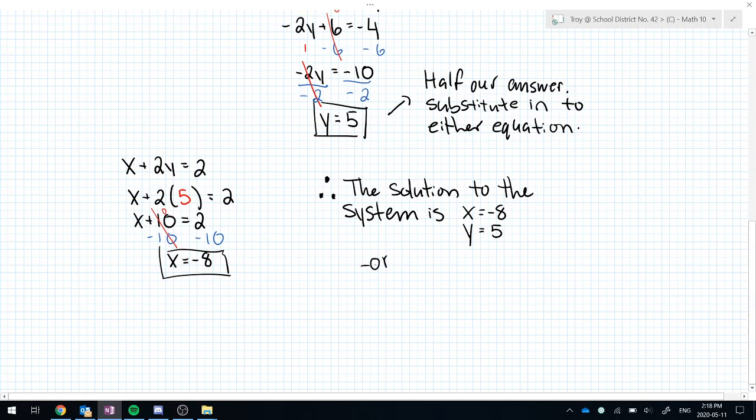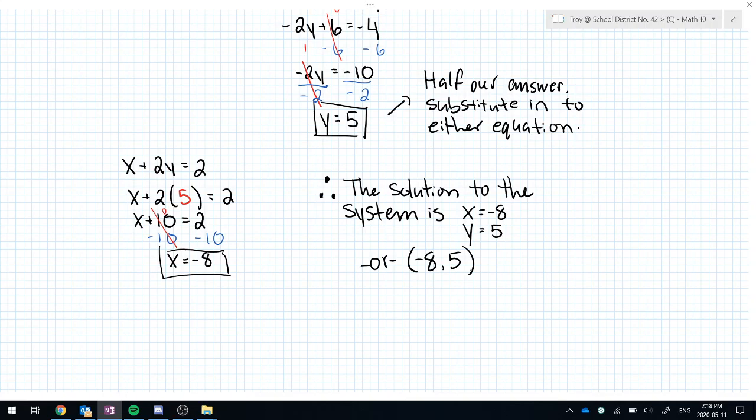Or we could just simply write it as the point negative 8, comma 5. If we were to graph this system, both of these equations, we would find that the part where they intersect or cross over is going to be the point negative 8, 5. Okay, so a little faster, I think, than graphing, and it gets us to an exact answer.